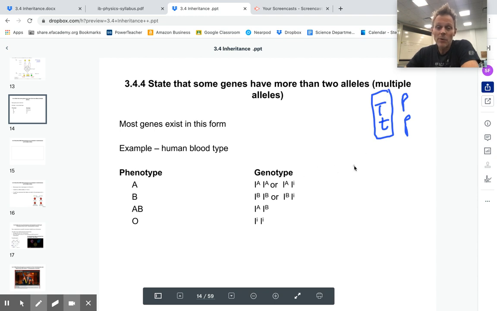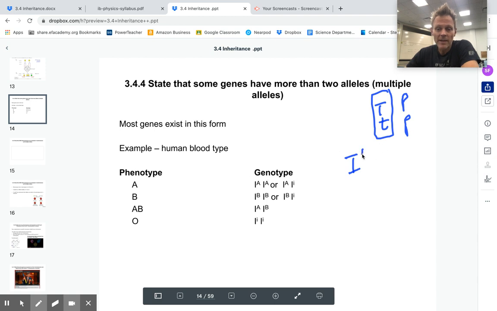So with blood type, you have three. If you're looking here, there's a couple things that you may notice. One is, what's up with the letter I? Why did we put that there? I really don't know. So very important when you do notation for blood type, you put the letter I and then whatever allele that is.